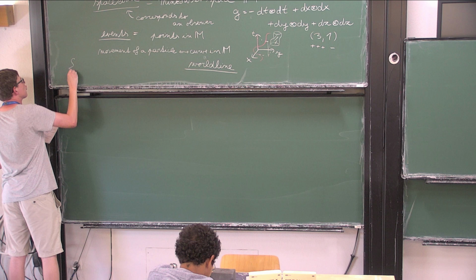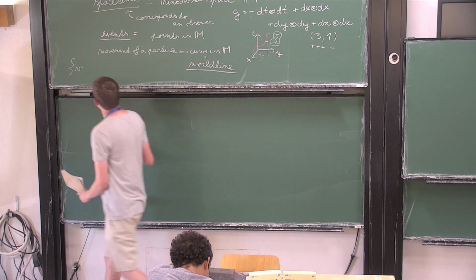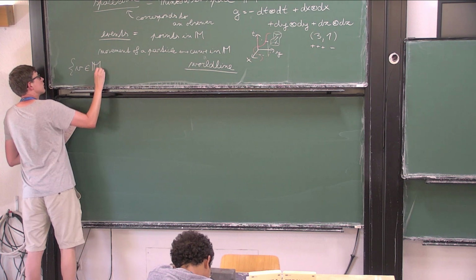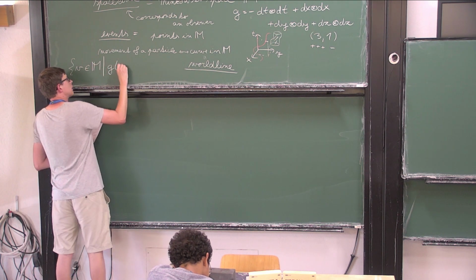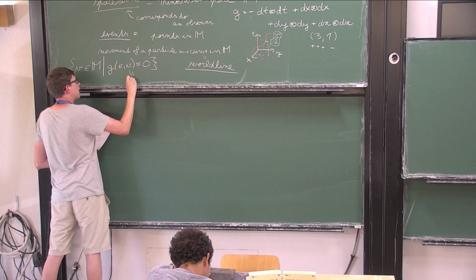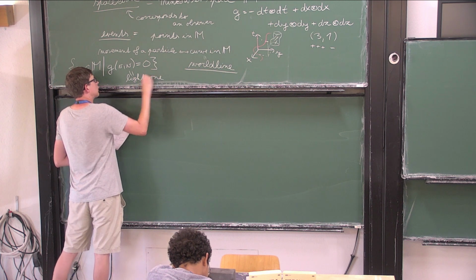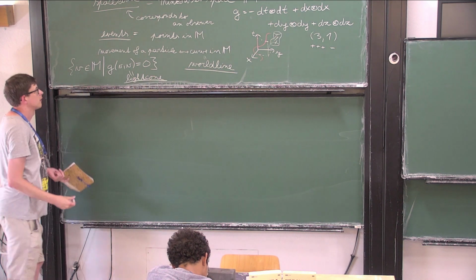Now, this metric is not positive definite. There are lots of vectors which have zero norm, such that if you calculate their product with themselves, you get zero. This set is called the light cone, because it corresponds to light rays.